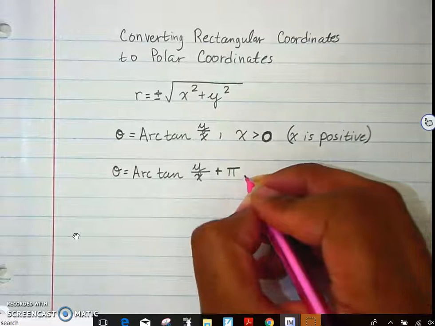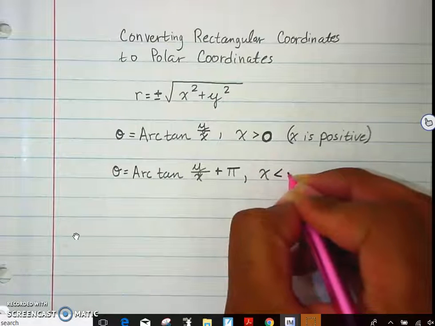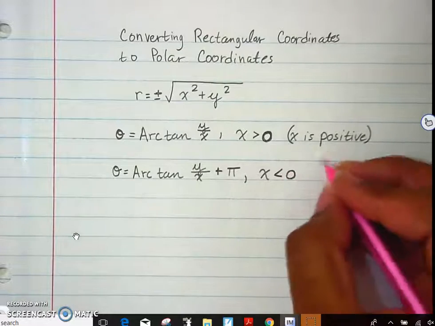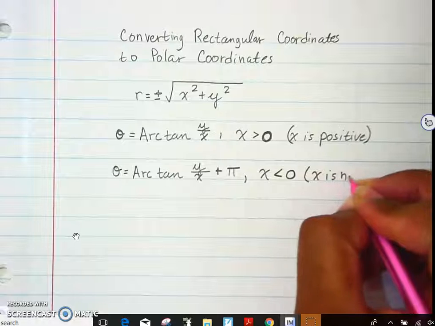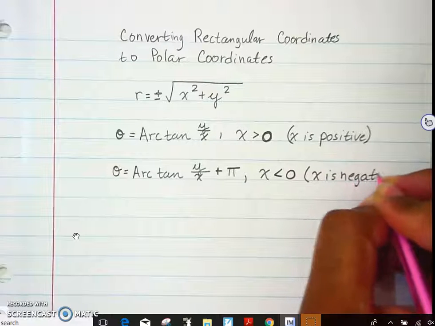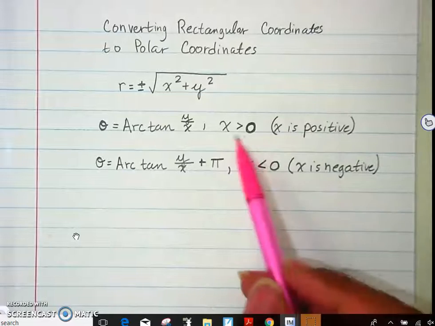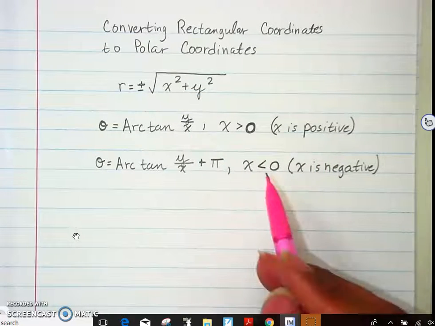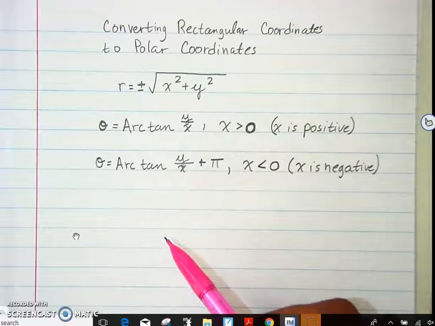That way it should move it over to a positive answer there, hopefully. So when x is a negative number, we use this formula. So when x is greater than 0, when it's positive, we use the first one. When x is less than 0, or is negative, we use the second one.